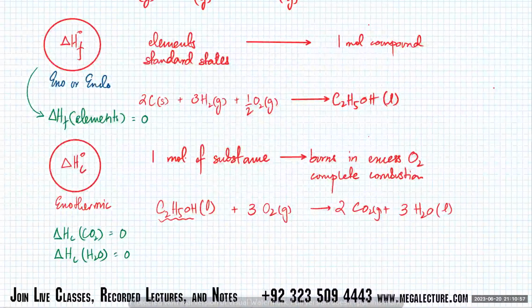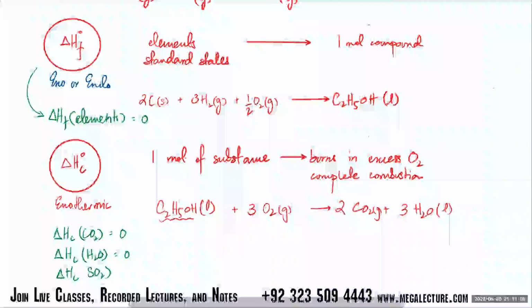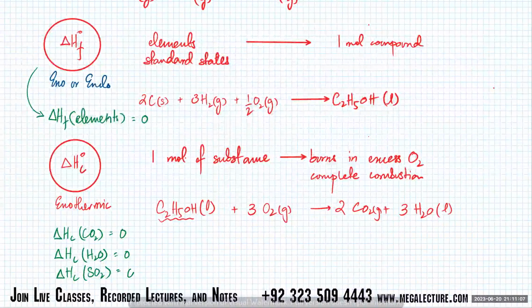Your water burn करोगे oxygen में, so you're still going to get water. So basically nothing will happen. Delta HC of sulfur dioxide, so the combustion product, the enthalpy of combustion is always 0 because they're not going to burn in excess oxygen. You'll still get the same thing.